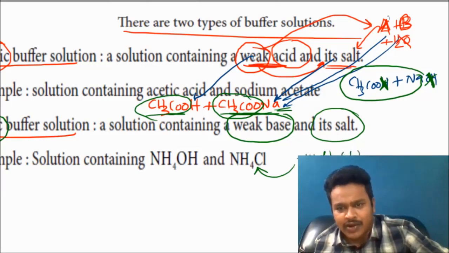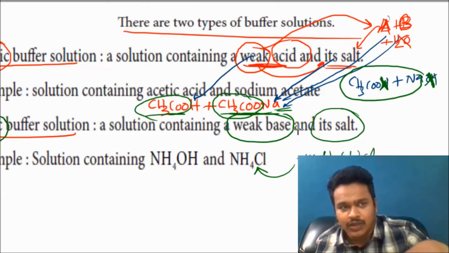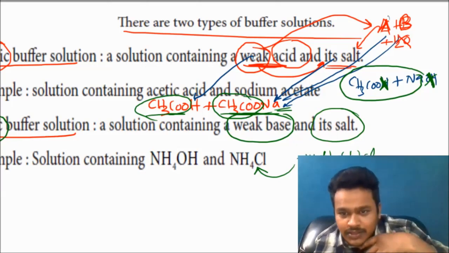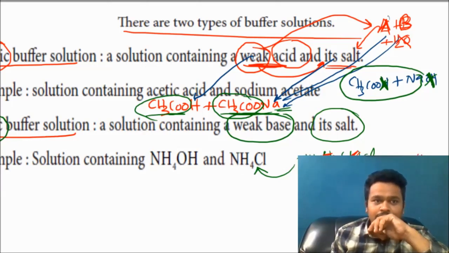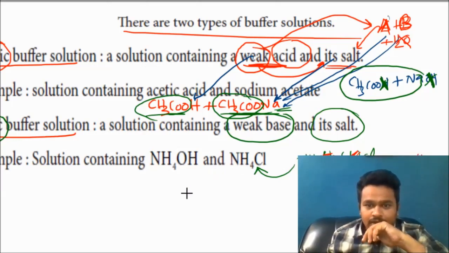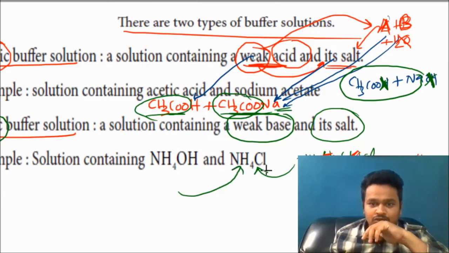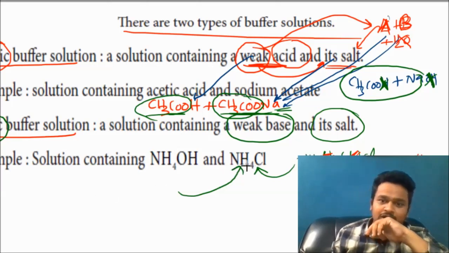What is the acid I have to take? HCl. So how to write this? This is the base, so OH is losing. This is an acid, so H is losing. Water is going outside, H2O. NH4Cl has to form, and NH4Cl is a salt.